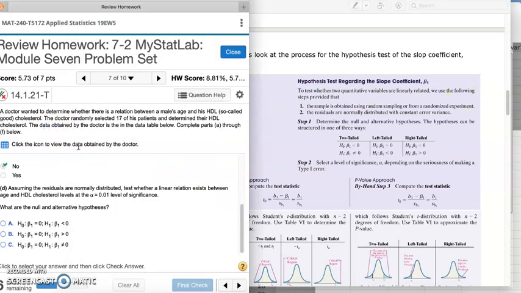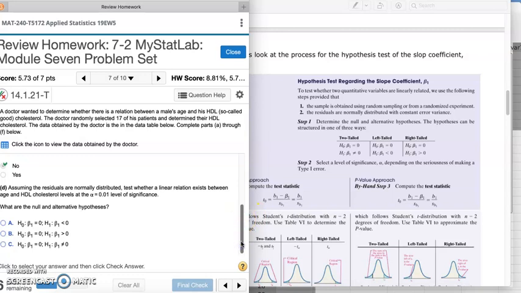So in this case, we want to determine if a linear relation exists between age and HDL cholesterol. In that case, we're saying, does the slope equal 0 or does it not equal 0? If the slope doesn't equal 0, we would say that there is a linear relationship. So when we're saying that it does not equal, that's a two-tailed test. That means our alternative hypothesis is that the slope is not equal to 0.